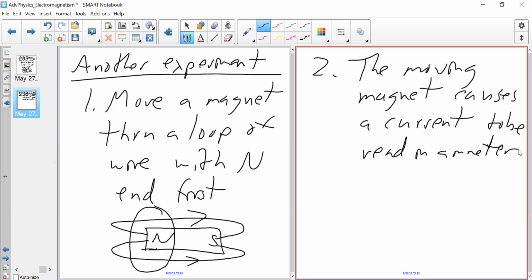Now, if I move the magnet away, the current reading is the opposite sign. I've also done it where I would move it in there and just let the magnet sit. The ammeter goes to zero, because I need the flux to change. I need to go in, out, I need to rotate it, I need to do something. It's always got to change. If you just have a steady flux, you won't get any current.